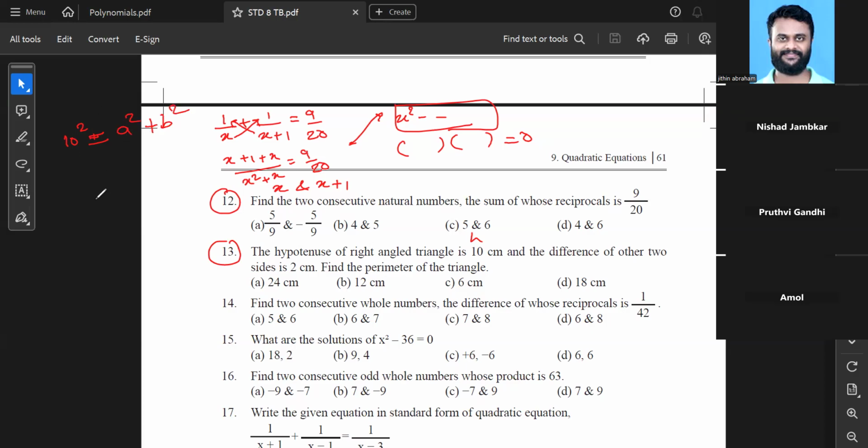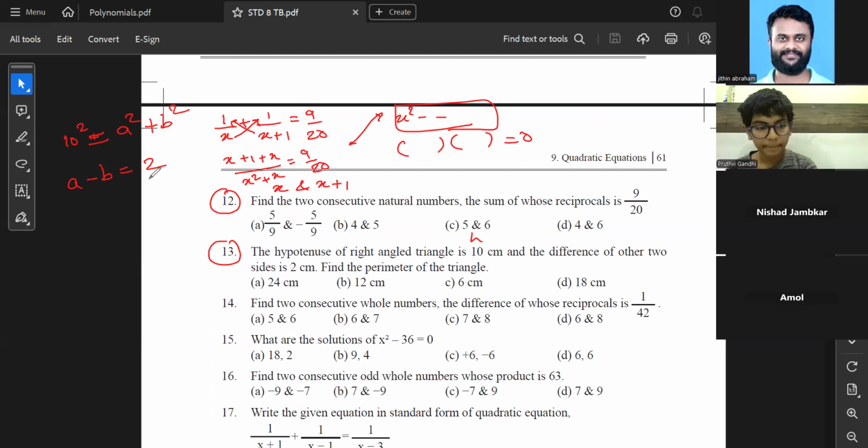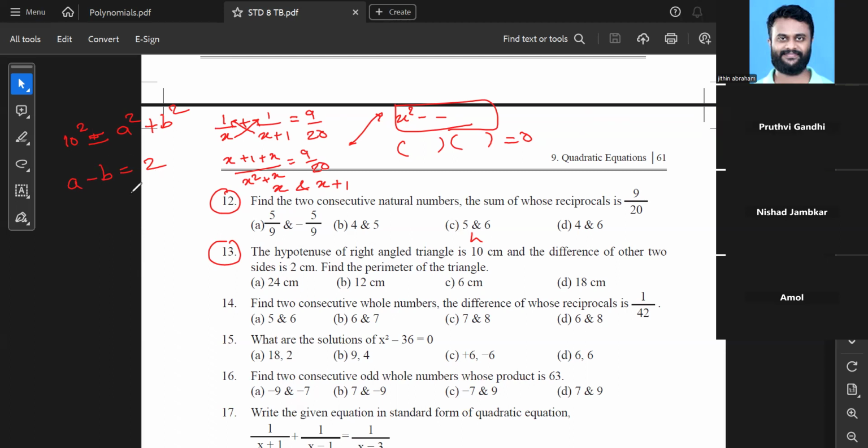Another equation what you have is, the difference of the other two sides is 2. Basically, a minus b is equal to 2 is what they have said. Now, since a minus b is equal to 2, or in simple language, I can say if a is equal to x, then b is equal to x plus 2.